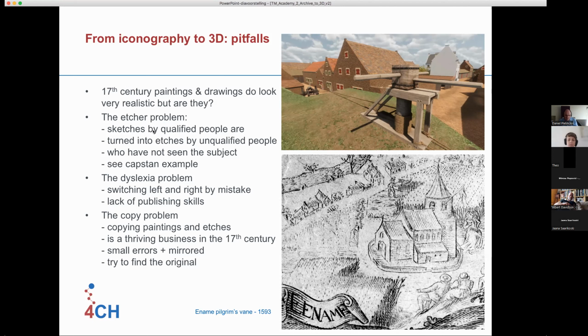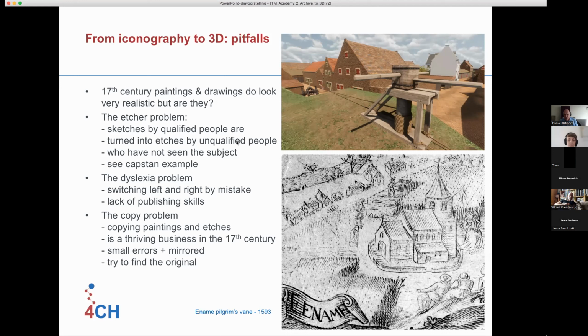You know the content, you make the sketch, and you give your sketch to an etcher, to somebody who really can, on a copper plate, make the drawing, assemble the drawing, make a beautiful drawing, and print that. But these people are unqualified for your subject.